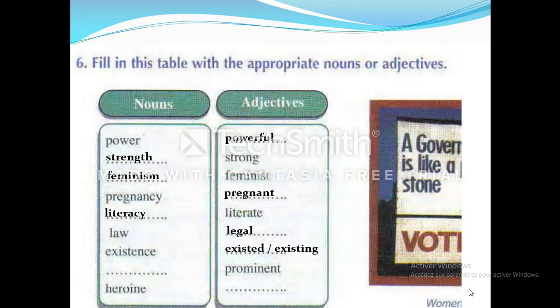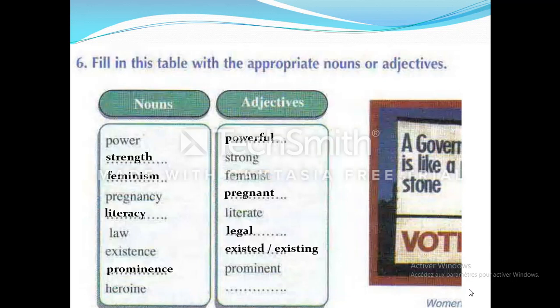Sorry, it's not the last one, but the second to last, which is prominent. As an adjective we say prominent, as a noun it's prominence. Very good. And the last one is heroine. Here there is another word without e. They have the same pronunciation, but the adjective is very different. Heroine here is talking about a person who is a hero.